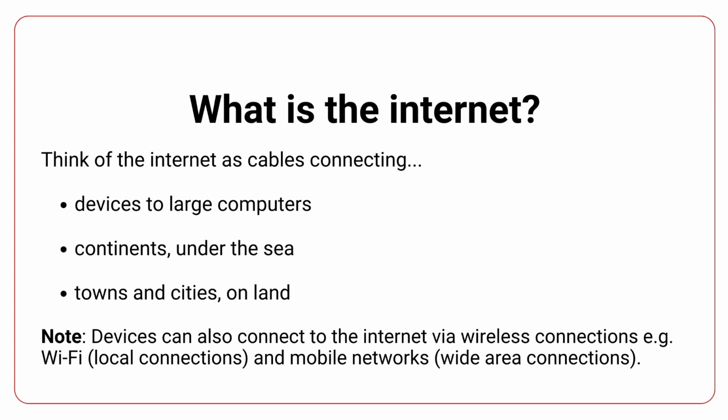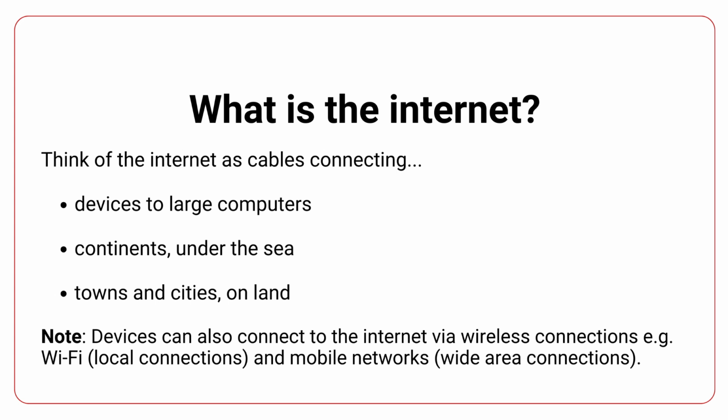The internet can be thought of as many cables or many wires connecting our devices to large computers. Our devices can be computers such as laptops or desktops, or mobile devices such as smartphones and tablets. These cables are how information is transferred worldwide.